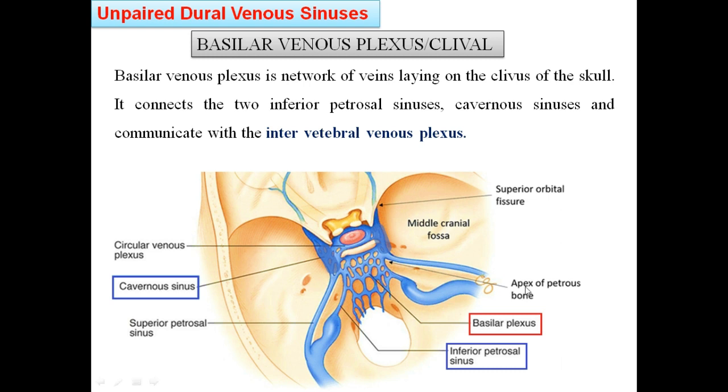You can see that here, inferior petrosal sinus, and it communicates with the intervertebral venous sinuses. These plexuses further communicate with the cavernous sinus.